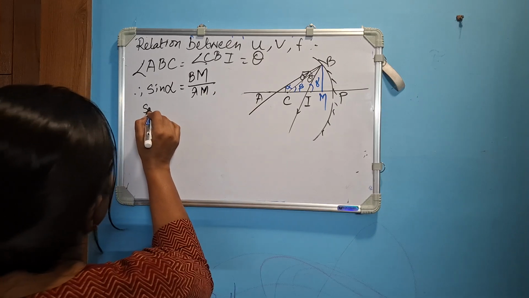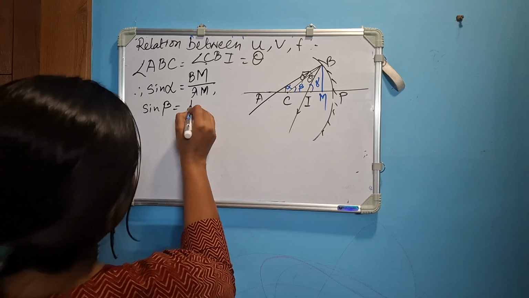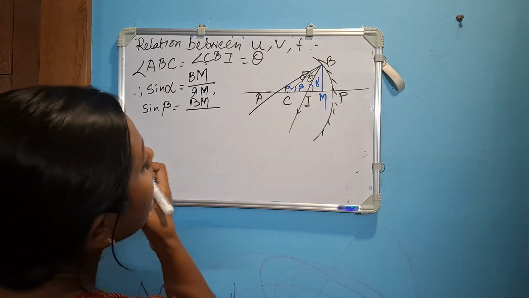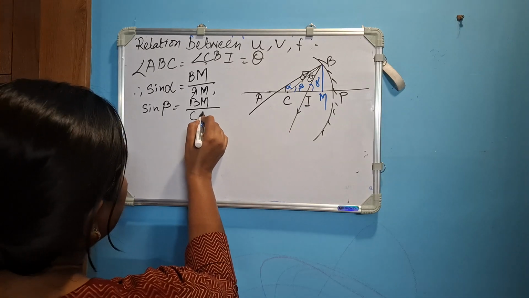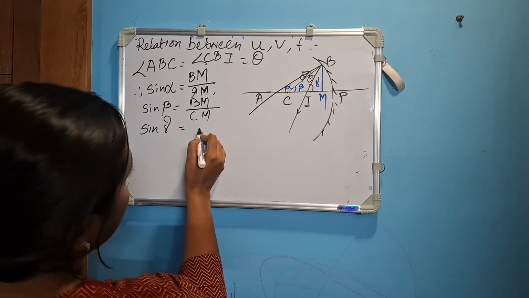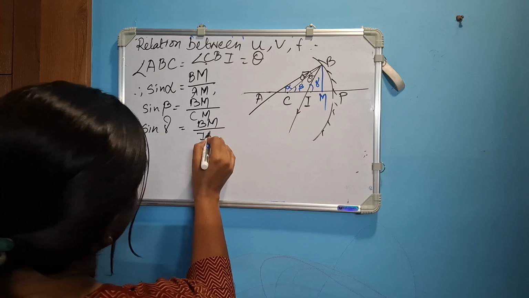Now sine beta equals again BM by CM. Now sine gamma equals BM by IM.